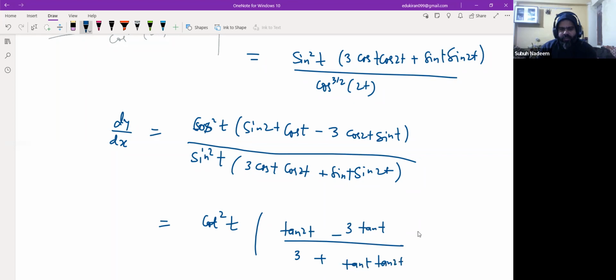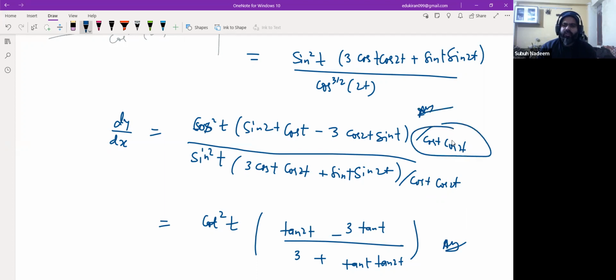Maybe they have written it like this because they divided by cos t cos 2t here and here in order to change them into tan only. So it may also be the answer, or you can keep it like this, not divided by cos t cos 2t. Leave it as it is.